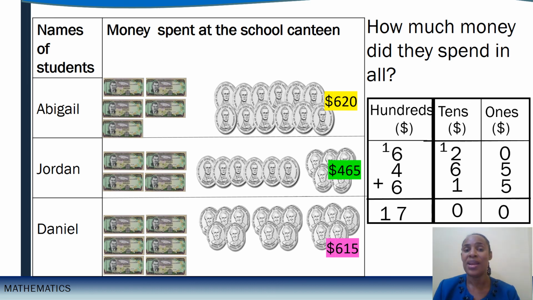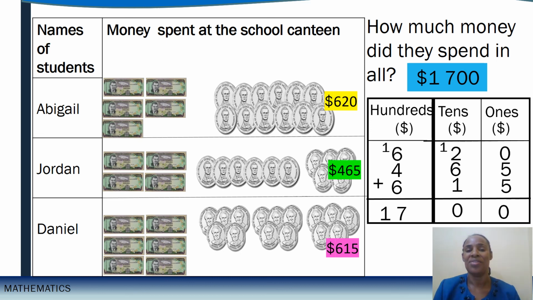So if we rename the 10 tens as 100, how many tens do we have left? Great going, boys and girls. We don't have any tens left, so we will write 0 in the tens place. And of course, we will put 1 in the hundreds place.